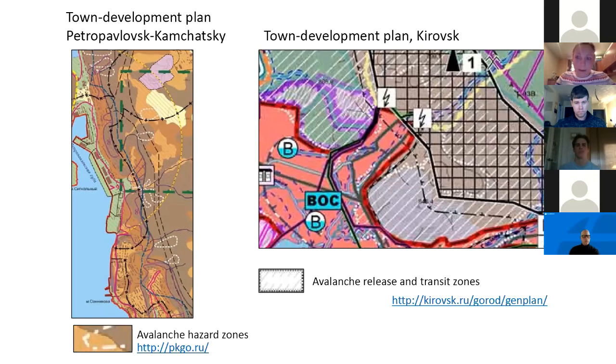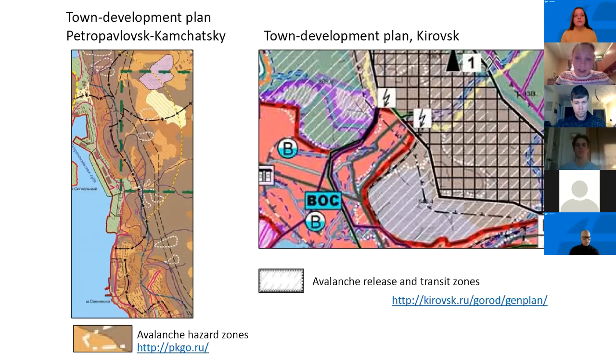Of course, they are made, but avalanche hazard zoning approaches that are used worldwide, for example in the Alps, are not implemented into Russian avalanche hazard assessment and land use planning. And here on the slide, we can see two examples of town development plans in Russia. One of them is for Kirovsk, and they are not clear.